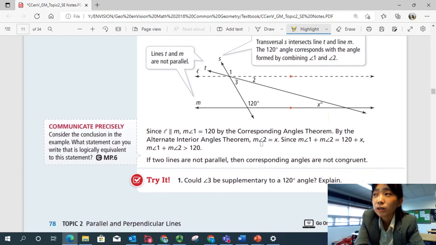Let's try number 1. Could angle 3 be supplementary to a 120 degree angle? Explain. Do you think it could be supplementary to a 120 degree angle? Does it add up to 180 degrees? See if you can answer that by yourself. Come back when you're ready for answers.